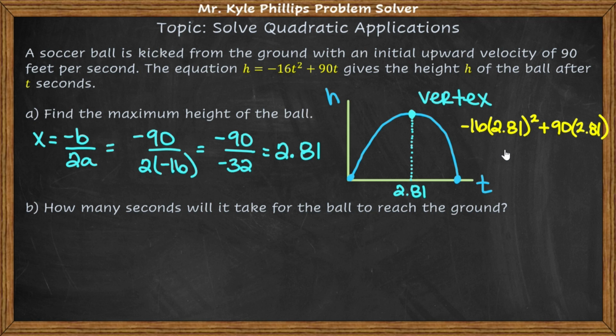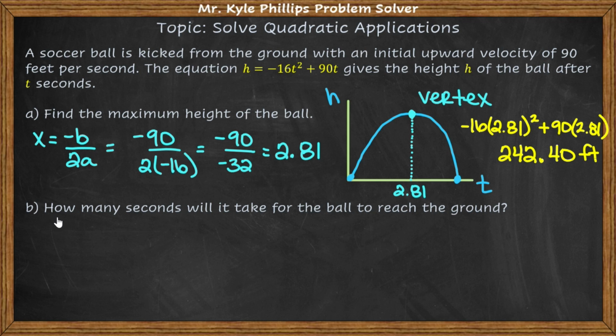And I get 242.40. And this would be feet. All right, so at 2.81 seconds, this ball had a maximum height of 242.40 feet. Okay, so that's how we can use the axis of symmetry to find heights.